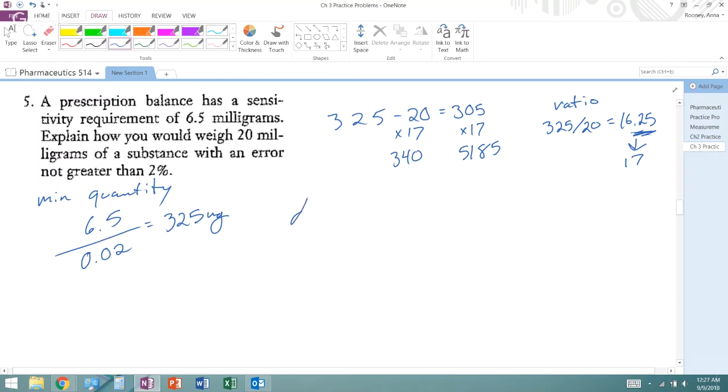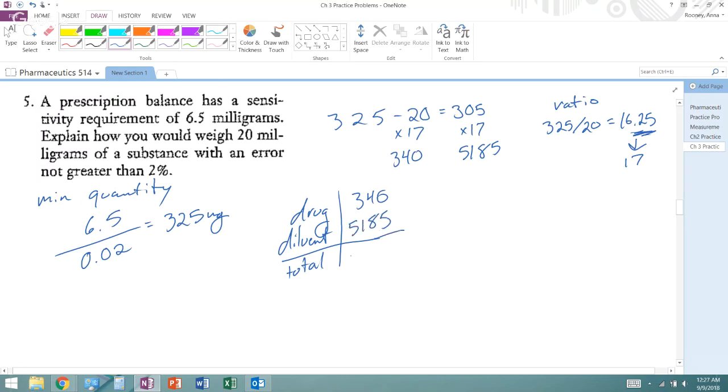So our drug would be 340. Our diluent would be 5185.